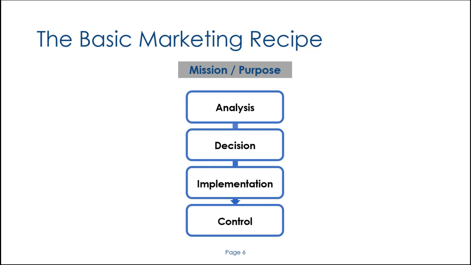Before I move on to the next slide though, I'll just point out something which you might find useful in your day-to-day work at the charity, and that is this basic recipe can be the foundation of almost any presentation you're asked to present in a business context.